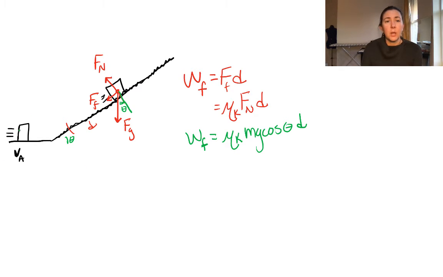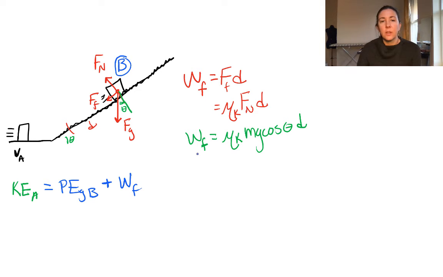So if I am talking about the block as it's traveling up the ramp, I'll have all kinetic energy to start with at point A. And then the question is, how far does it go up the ramp before it stops? So the kinetic energy at A will be equal to the gravitational potential energy at B, plus the work done by friction, this value.